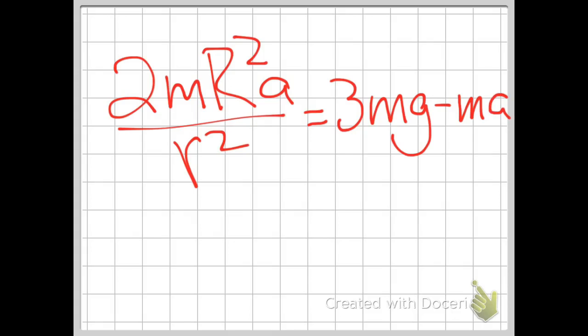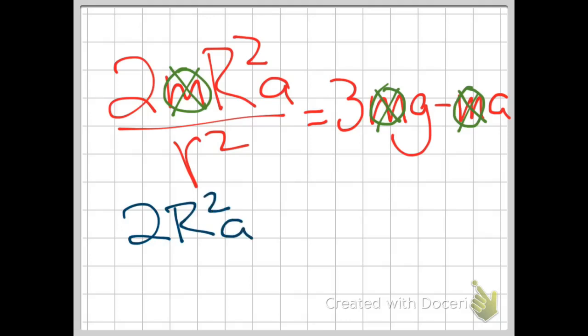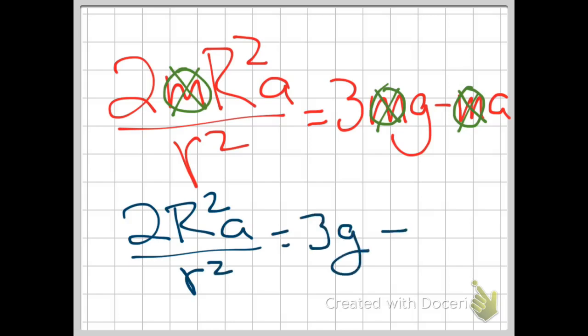When we look at this equation, we can get rid of one thing in this instance. I can factor out this m and this m. And that brings us to this equation. So we have 2R squared a over little r squared equals 3g minus a.